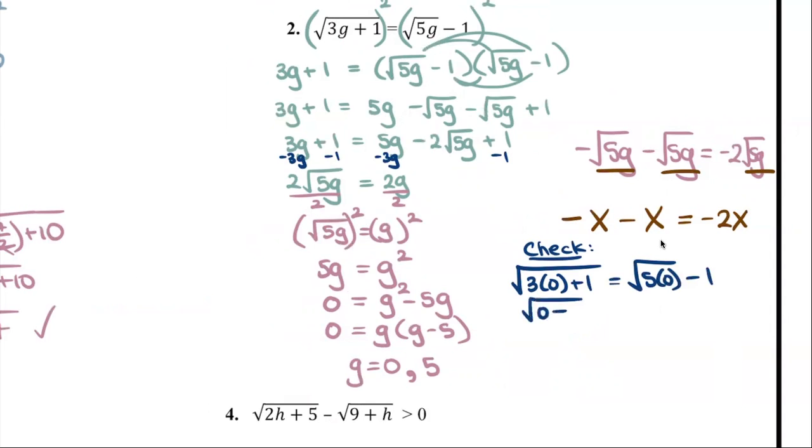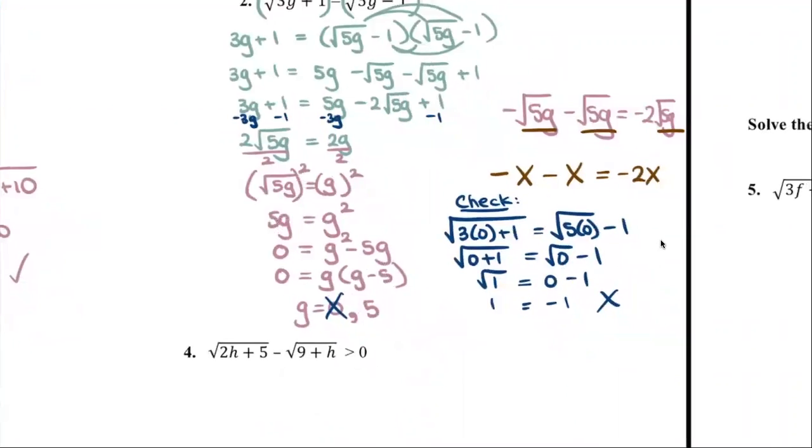So I get 0 plus 1, which is rad 1, which is 1. And then rad 0 minus 1 gets me negative 1. So this one does not work out. So I've got to take out this answer of 0. Okay, well, that didn't work. Let's check the other one. Maybe that one will work.